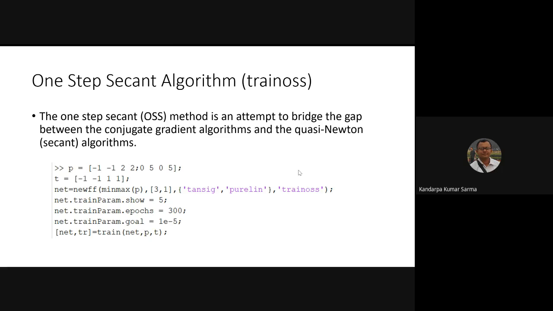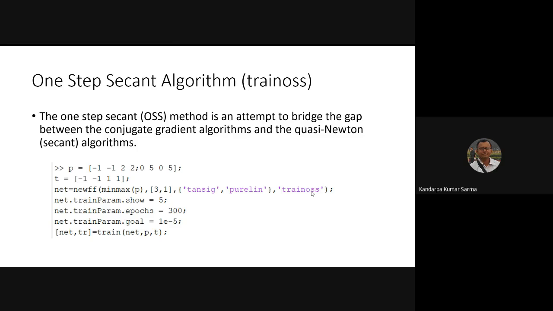Then a less popular but yet a reliable training method is called the train OSS, one step secant. So the one step secant part here is a part of the quasi-Newton secant algorithm. So in the last part you can write train OSS.